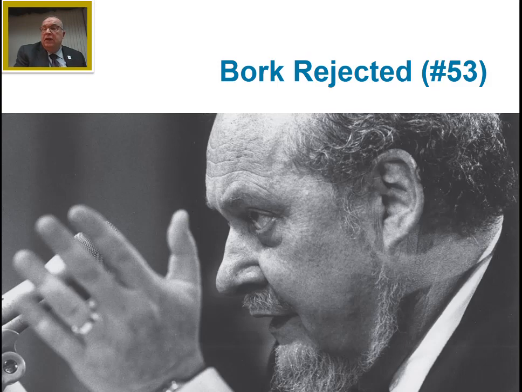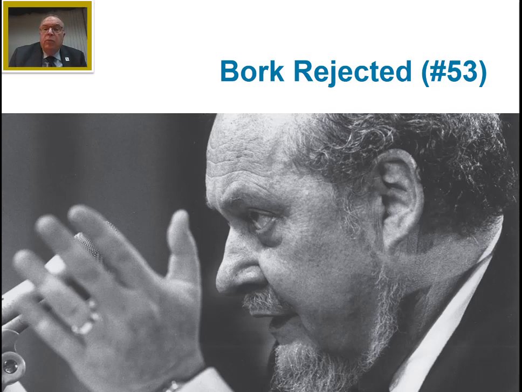So here's number 43, which is, what Supreme Court nominee did the Senate refuse to confirm in 1987? And this is a picture here of Robert Bork. So in 1987, the president put forth a conservative pro-life judge, and Joe Biden, former vice president, was chair of the Senate Judiciary Committee.